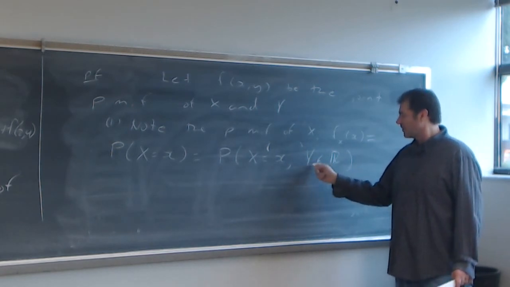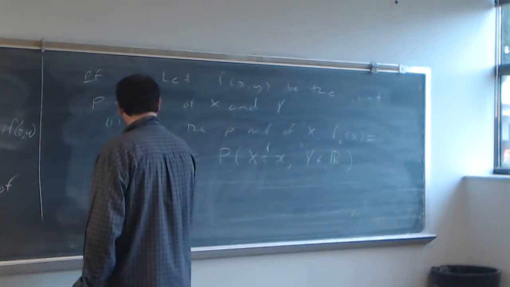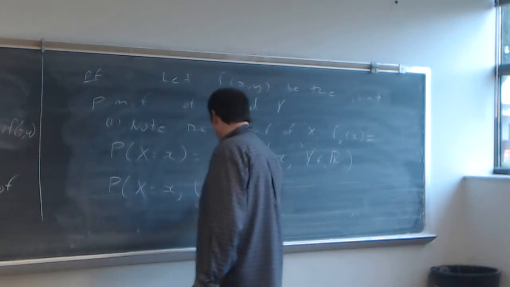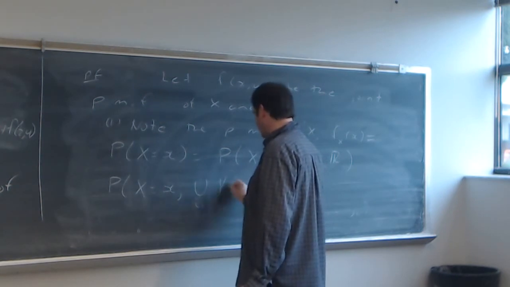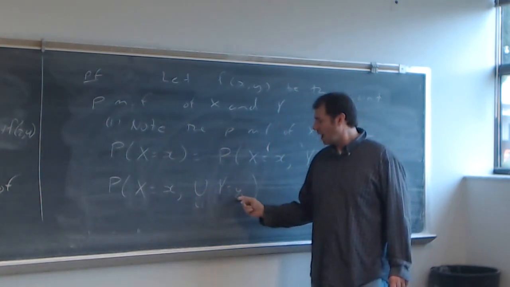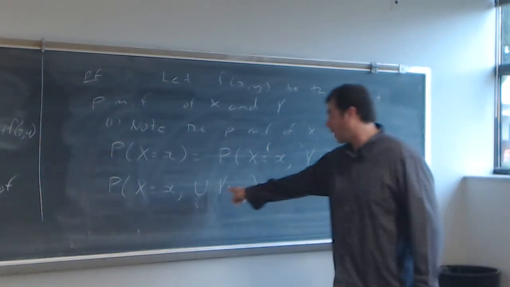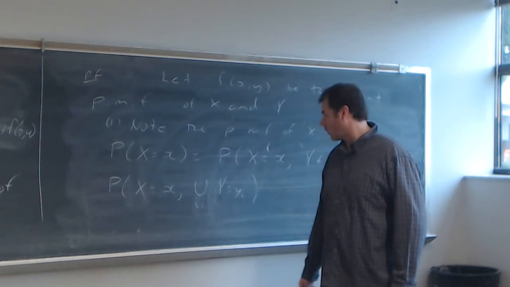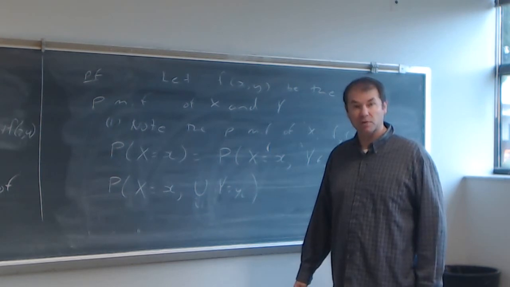Let's express this event that y is equal to a real number in terms of a union of events. So it's the union over all i of the event y equal to y sub i. The y sub i's are the output values for big Y, and so if we union over all of those events, y equal to y sub i, we're getting the outcome that y is a real number.